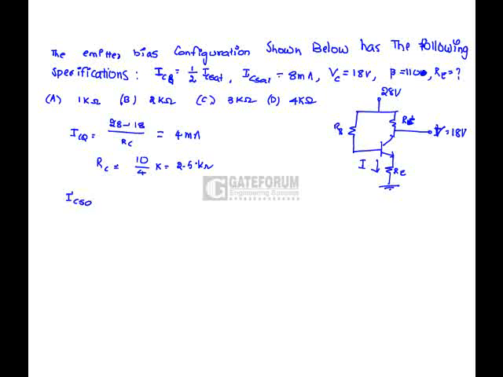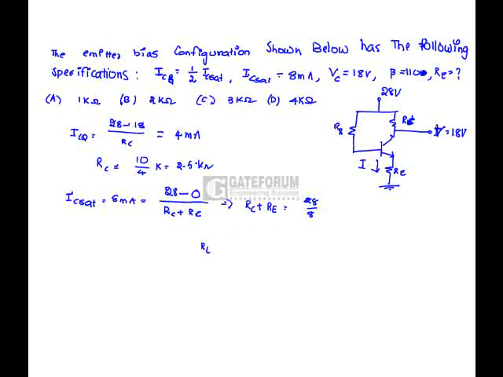IC-SAT, which is equals to 8 milliamps, is equals to VCC, that is 28 volts, minus VCE-SAT, which we are considering as 0 here, divided by RC plus RE. So RC plus RE is 28 divided by 8.